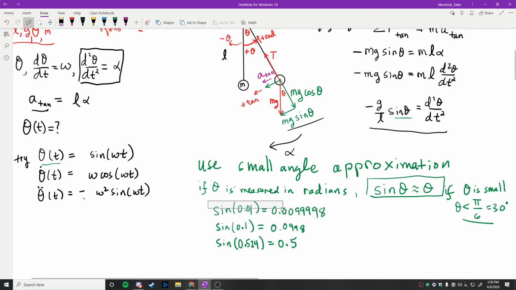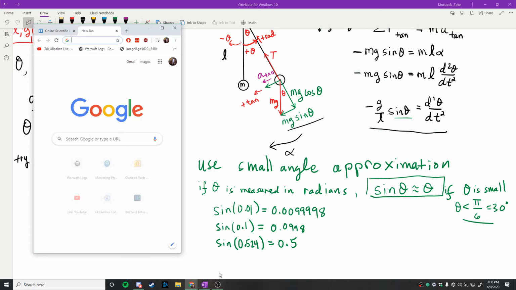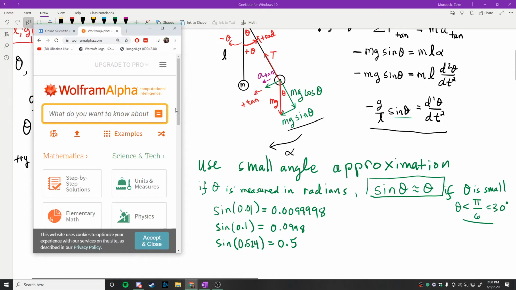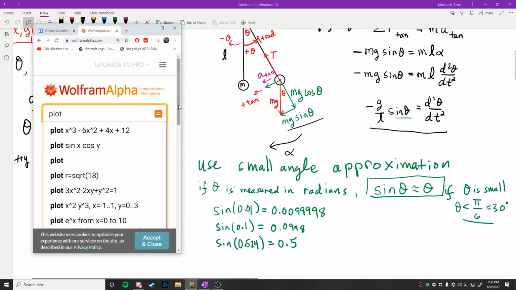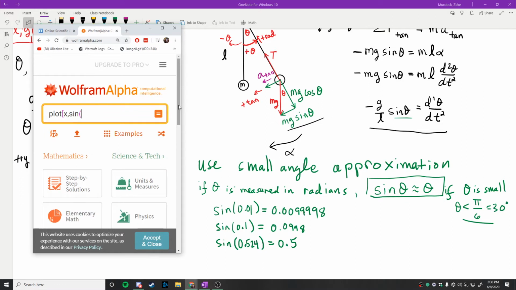There you go. There's one other way that you can see this too. You can see it graphically as well. So if we go to Wolfram Alpha, and we plot x and sine x on the same graph, I think that's more than enough to do it.